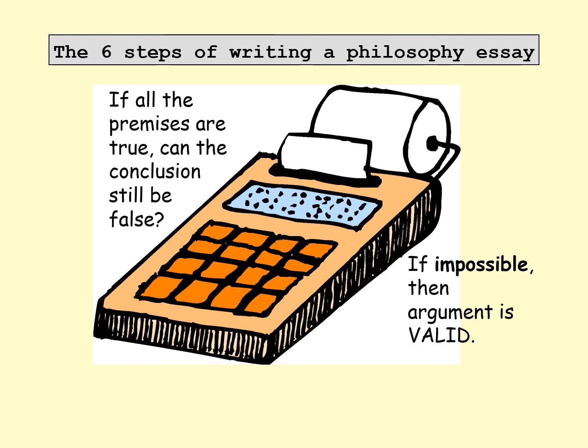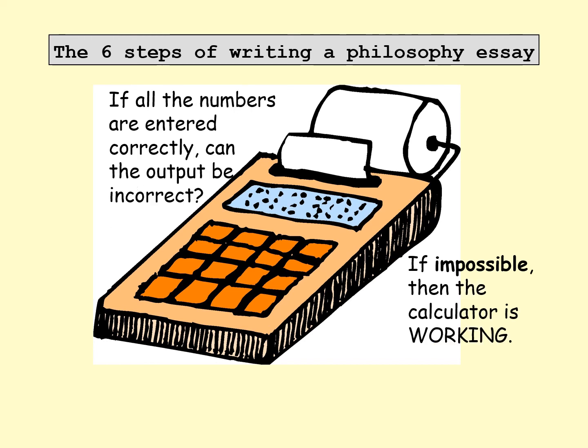If all the premises are true, can the conclusion ever be false? If it is impossible for the conclusion to be false when all the premises are true, the argument is valid. Think of the calculator again. If it is impossible to get incorrect results when you enter the data correctly, then your calculator is working.